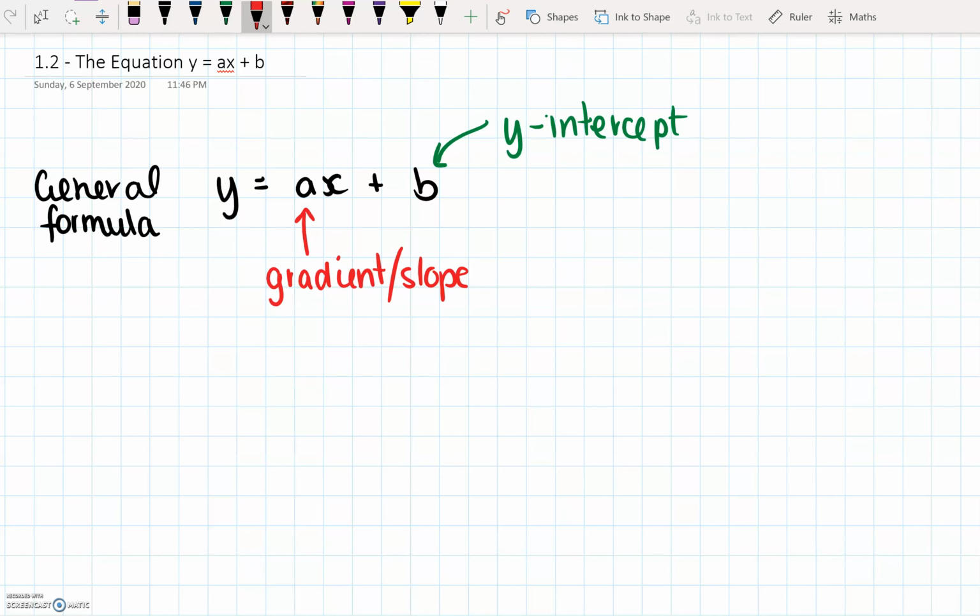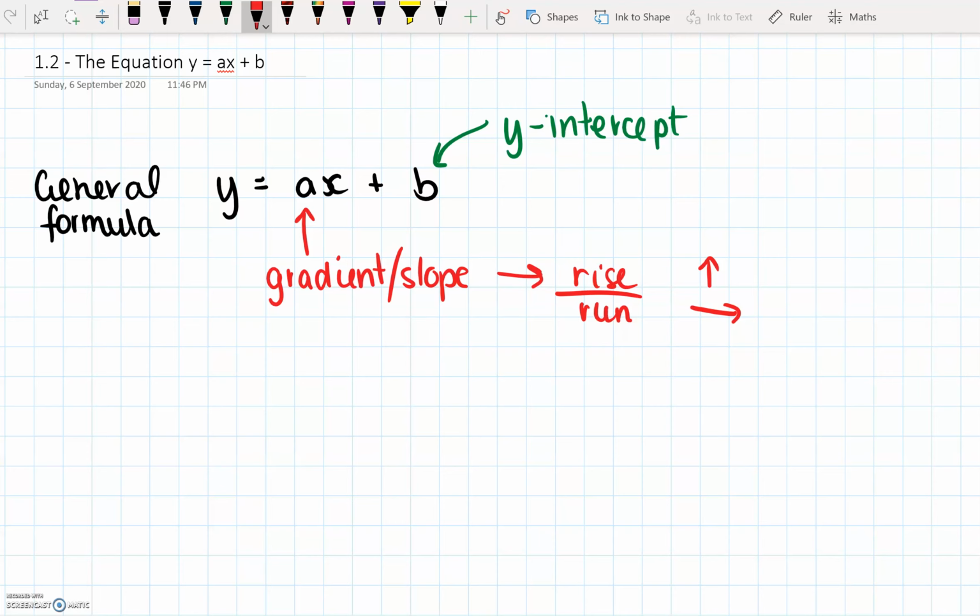Gradient and slope can also be written as rise over run, and this is the way we're normally going to refer to it. When you rise, you go up, and when you run, you go horizontally, so that means going forward. So we look at how far the line goes up versus how far the line goes forward.